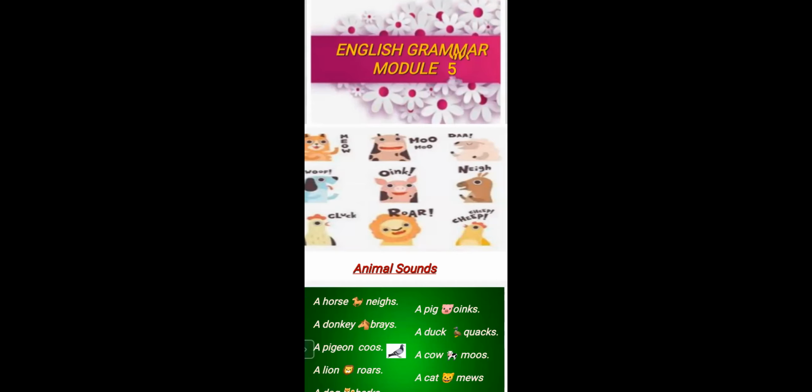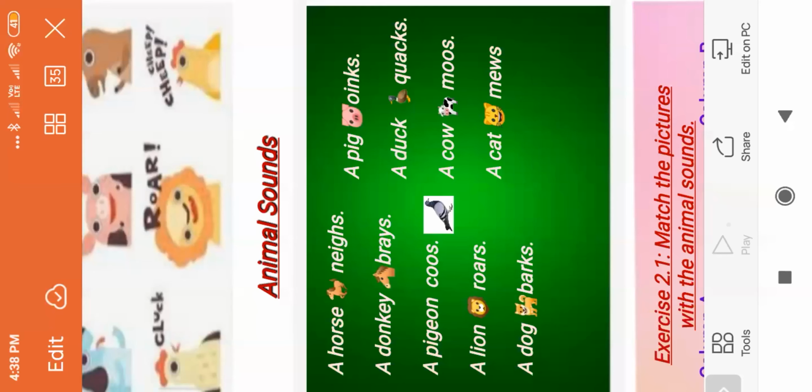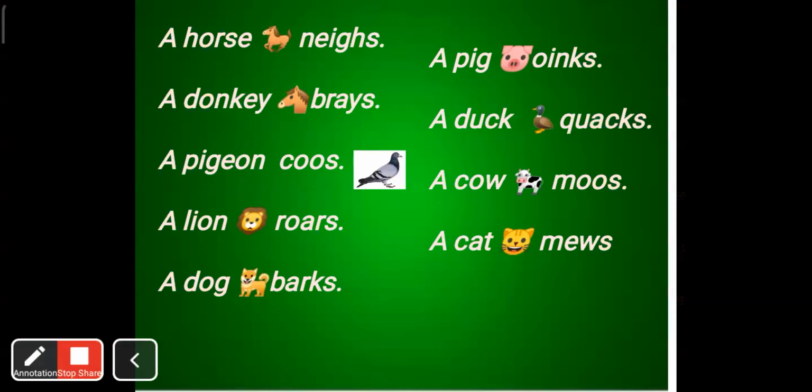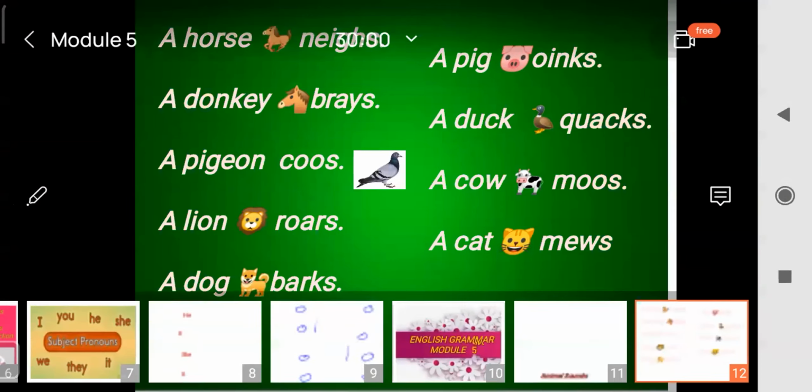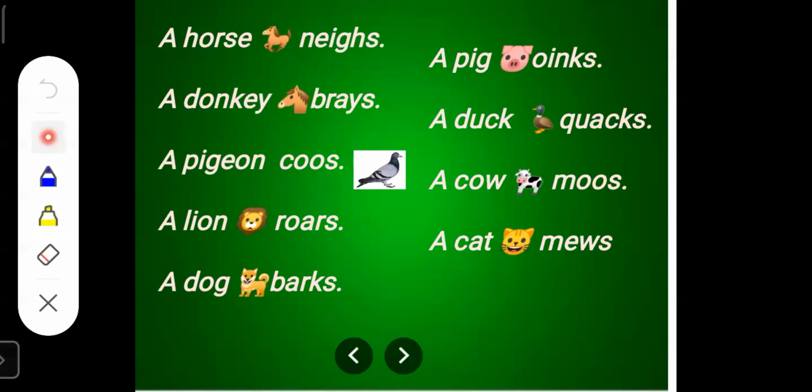So let's make a quick revision of it. A horse neighs. The sound made by a horse is called neigh. So when a horse makes a sound, we say a horse neighs.